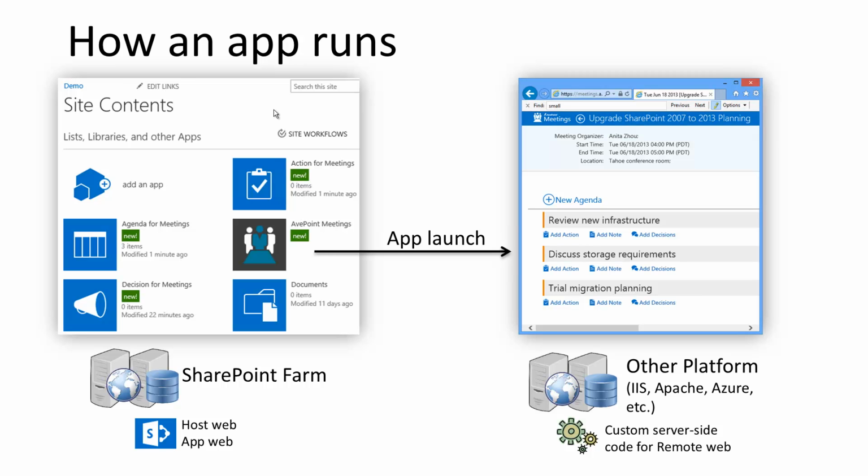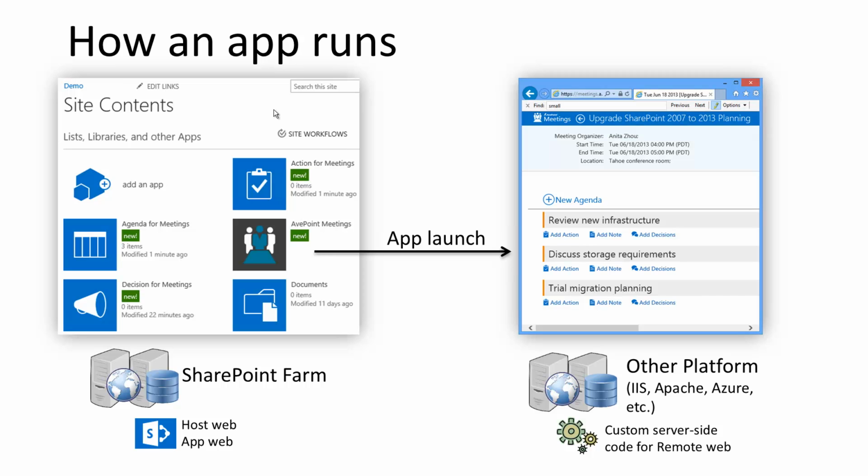Could be a normal ASP.NET platform, perhaps running on top of IIS, or it could be any other web platform like Apache that is delivering that and providing it back. So again, this code is executed elsewhere, and from an administration point of view, there's not a lot of detail that you need to know about how that other platform works once you get all the connections and the wiring and the trust relationships configured through SharePoint.